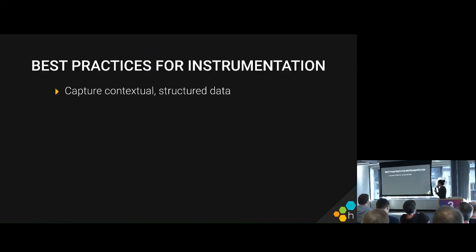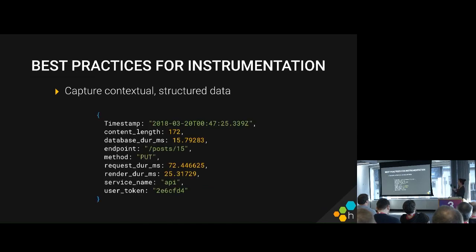So, best practices for instrumentation, capturing context in a structured way. What this means is capturing metadata as the code is being executed. So ideally, we have everything in one place, ready for analysis. That's lovely.